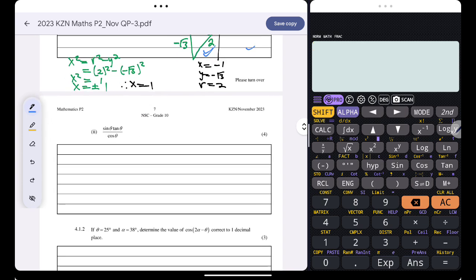And then now they want me to find sine theta multiplied by tan theta divided by cos theta. Sine theta, guys, is y over r, right? So this is simply root of 3 all over 2 multiplied by tan theta. Tan theta is y over x. This is minus root 3 all over 1.